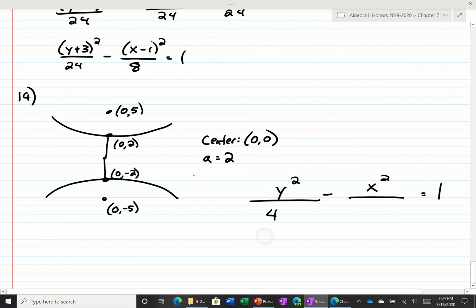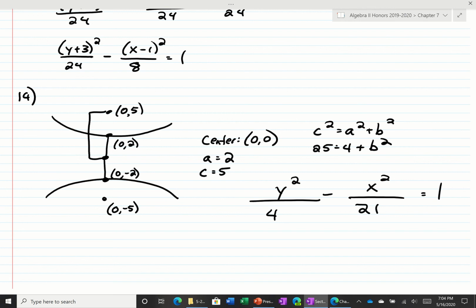And it looks like the c value would go from here to here, and that's 5. So if c squared is equal to a squared plus b squared, then 25 would equal 4 plus b squared, so b squared would be 21. And that should be our equation for number 14.